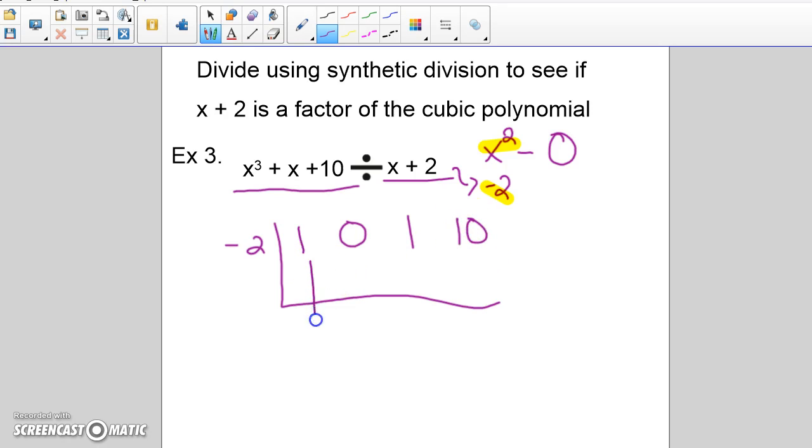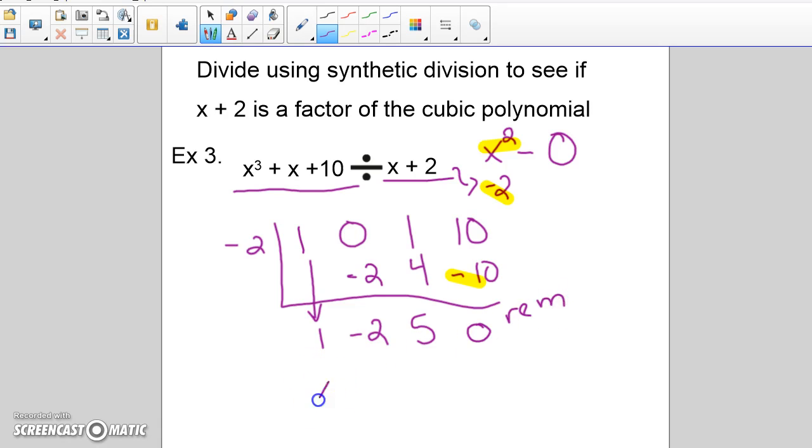My first step is to draw an arrow down and copy that number right here. What's minus 2 times 1? That's a minus 2. I add going down. So 0 minus 2 is a negative 2. I multiply, that's a positive 4. 1 plus 4 becomes 5. And a negative 2 times 5 is a negative 10. And I get a 0. So my remainder is 0.